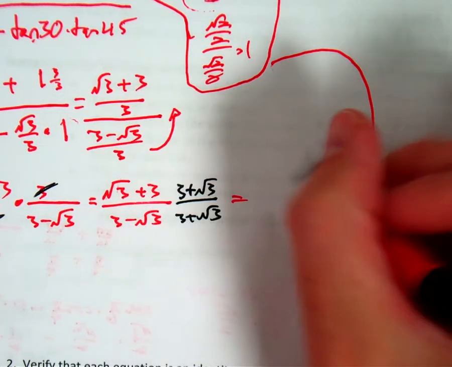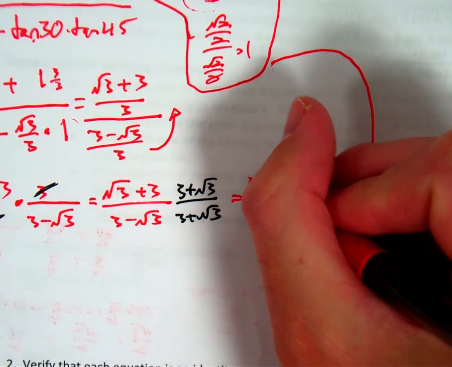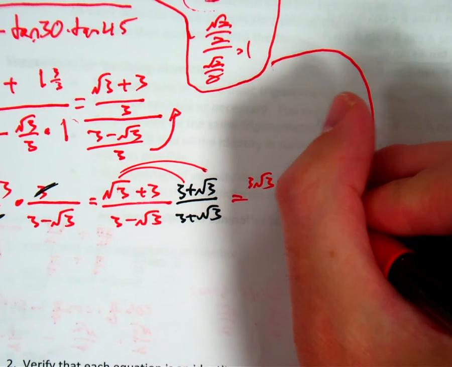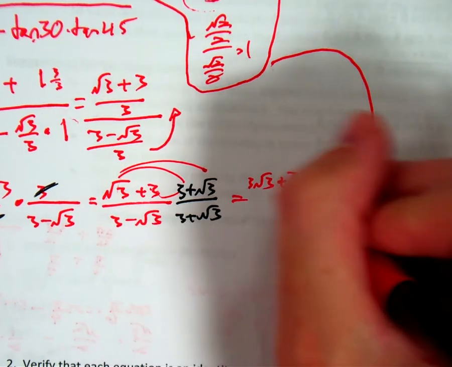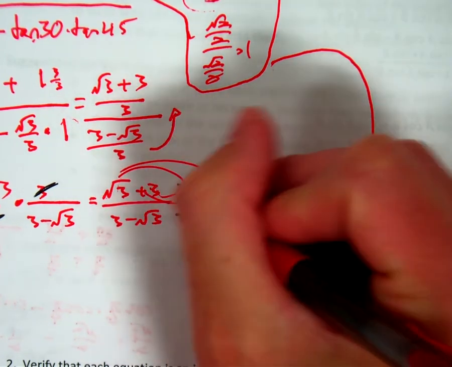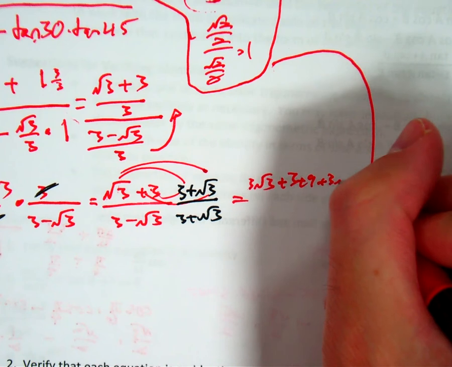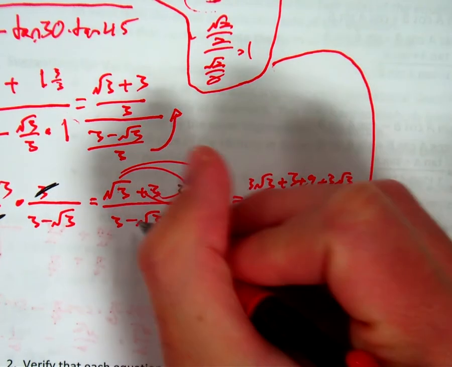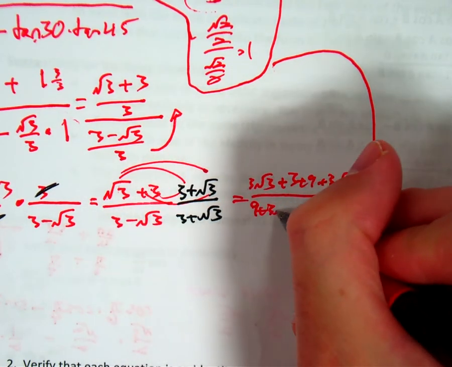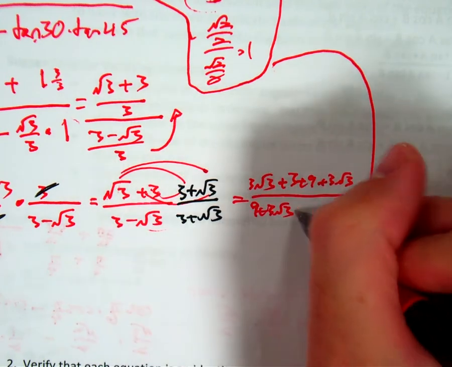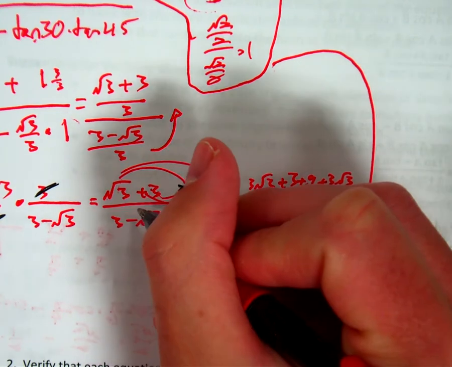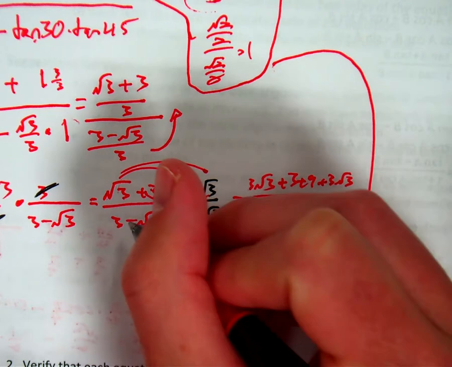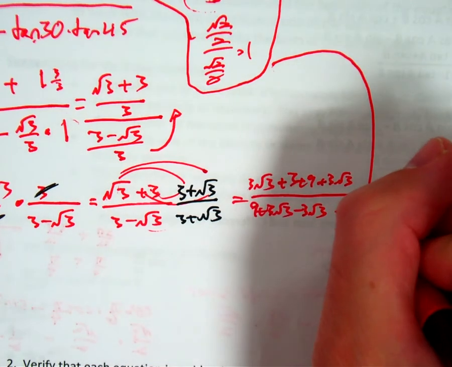So we're going to have radical 3 times radical 3, and then radical 3 times radical 3 is regular 3, and 3 times 3 is 9, and 3 times radical 3 again. On the bottom, we're going to have 3 times 3 for 9, plus 3 radical 3, minus 3 radical 3, and then radical 3 times radical 3 is regular 3, negative times a positive is going to be a negative there.